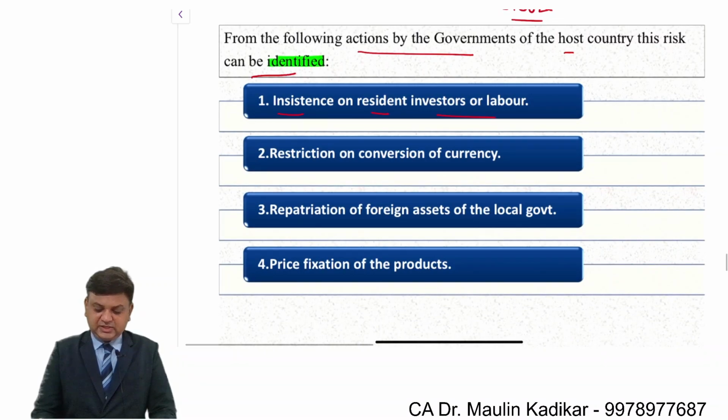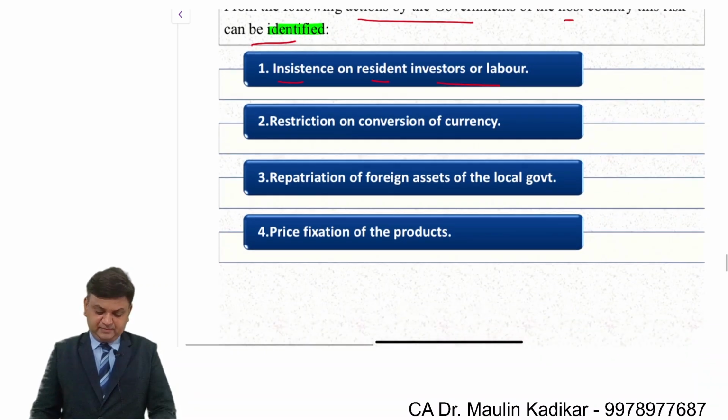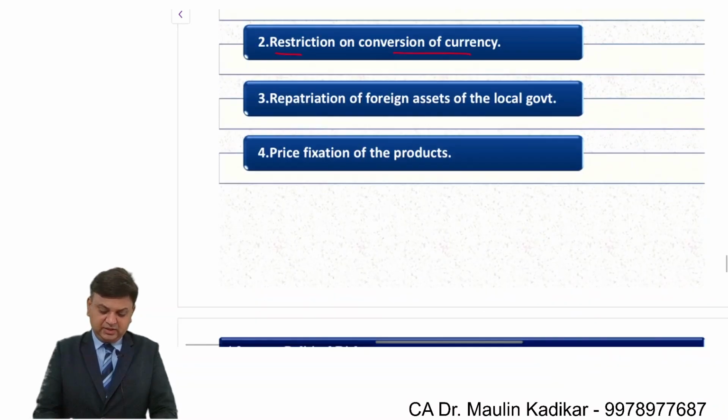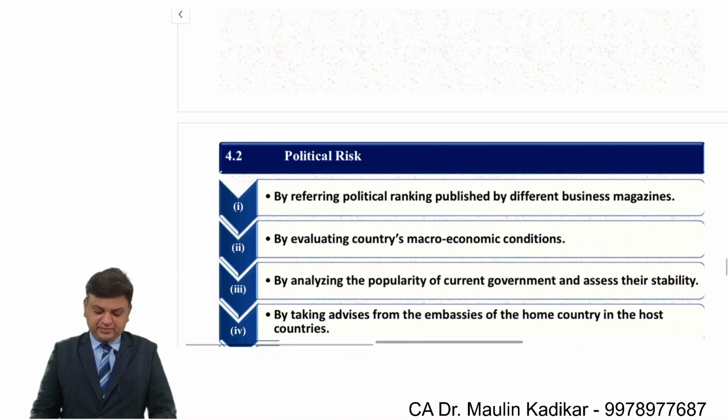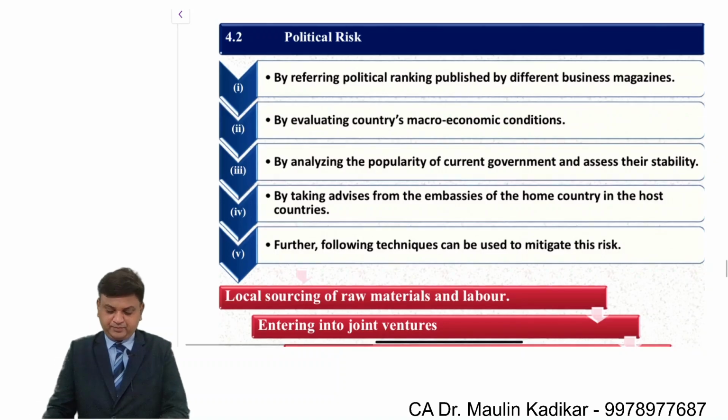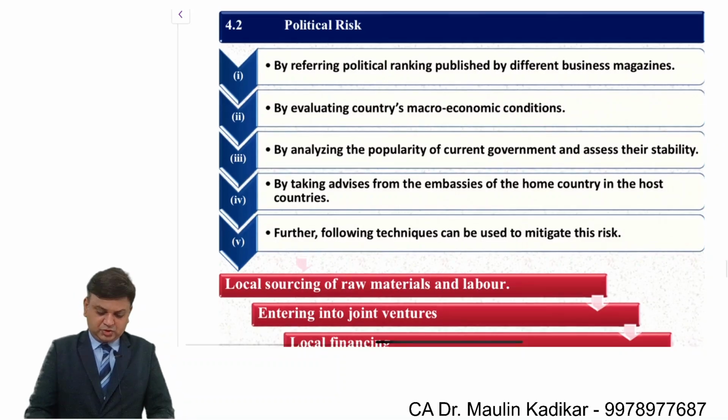Insistence on resident investors or labor, restriction on the conversion of the currency, repatriation of foreign assets by the local government, price fixation of the product. So how can you overcome this?